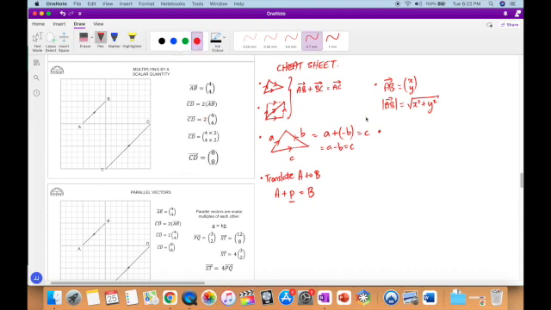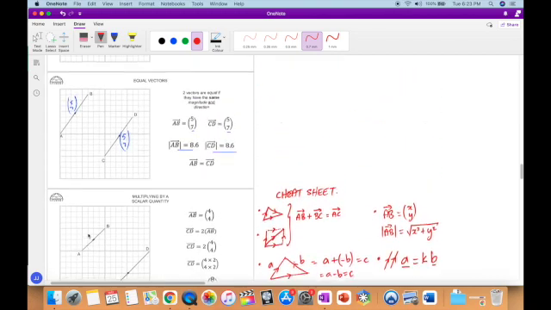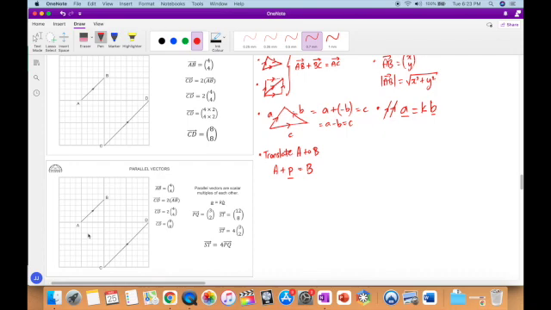So I'm not going to put scalar quantity per se, but I am going to put parallel vectors, and I'm just going to put a little symbol like that. Parallel vectors could be a scalar quantity, so vector A is equal to the scalar quantity times vector B. You see, the equal vectors and parallel vectors, those guys just always come together, right?